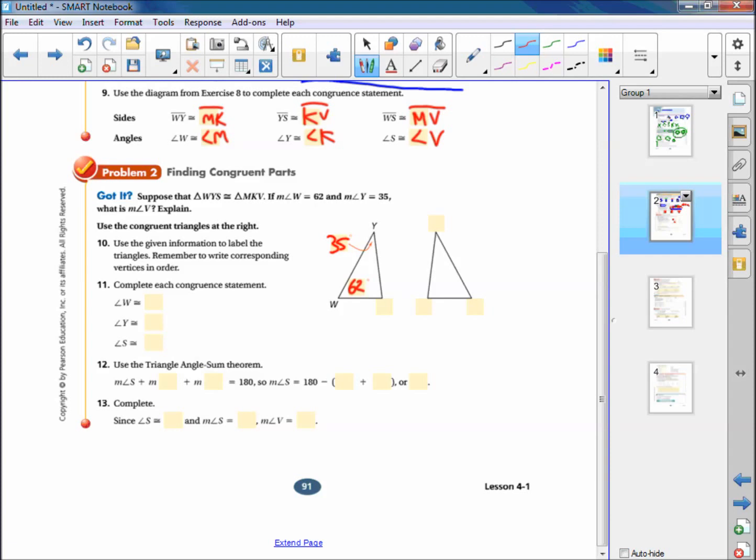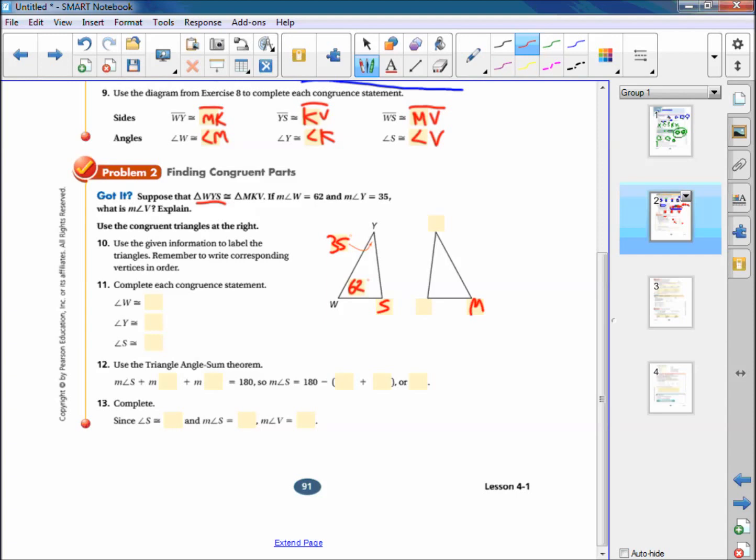Okay, so let's see. So this is going to be WYS, so this has to be S here. And then the other triangle is supposed to go MKV, but we need to make sure they match. So the M should go in the W spot, because this triangle has been flipped around.